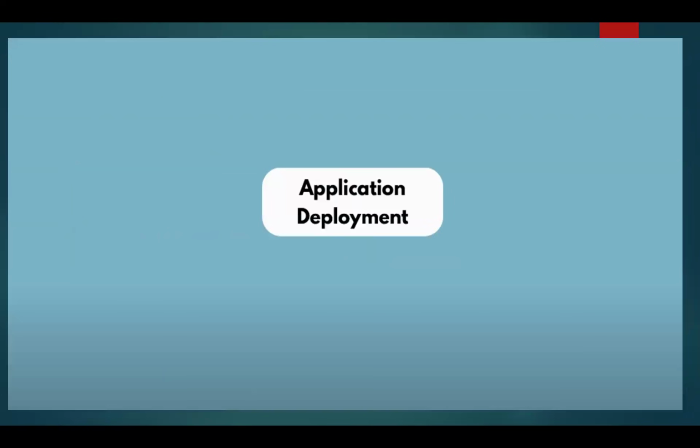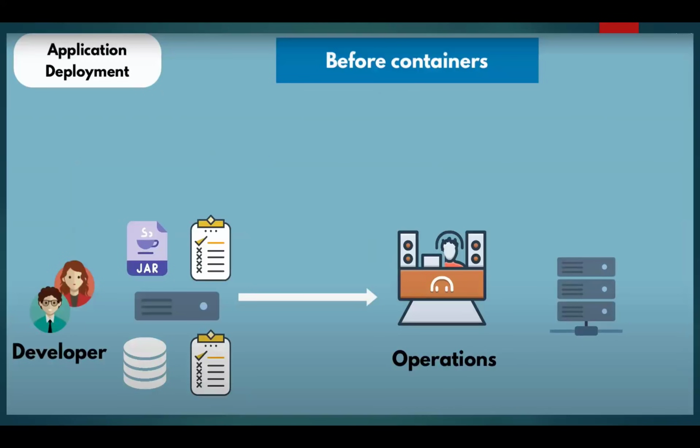Now application deployment. Let's see how this application gets deployed. These are the developers and they have some files, a jar file and some database, and this is the operation team. How will the operation team know what things are to be packed for the application?